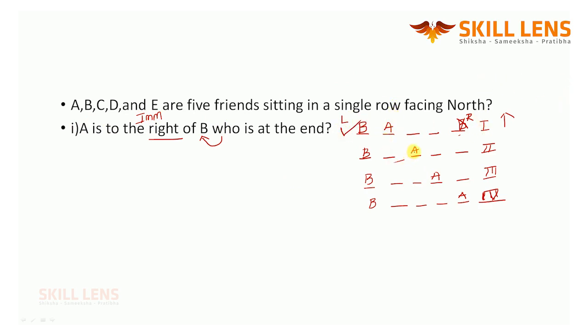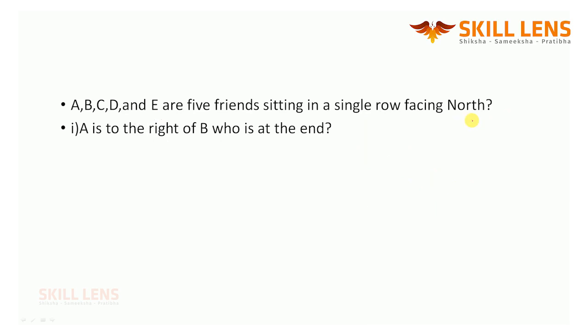If I place A here, this is not immediate right. So then all the other possibilities go wrong. Whenever I say immediate right, then only this condition is possible. Otherwise, this condition won't be possible. It is vice versa for left as well. Hope everybody understood this particular point.